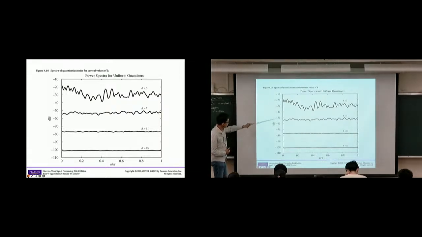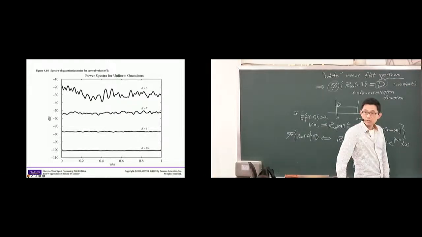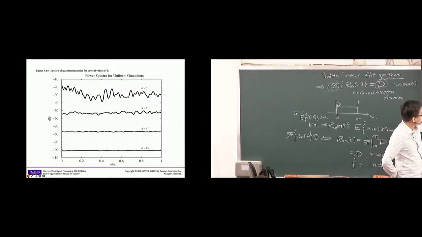Secondly, look here. The unit is dB. It's a flat spectrum, but the unit here is not a linear unit. It's a log unit. So what can you say? Let's compare these two. This one is near minus 100 dB, whereas this one is close to what? Can anybody give me a number?